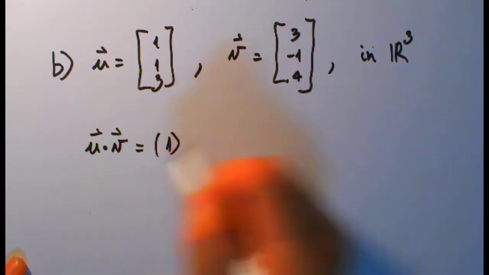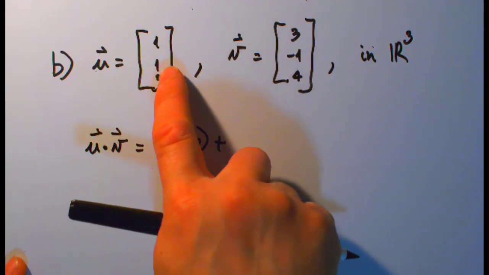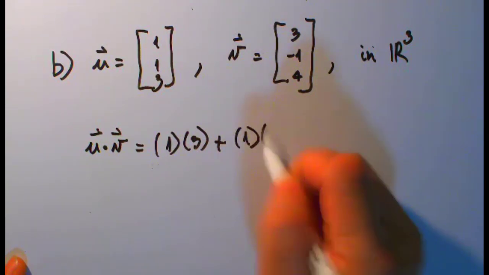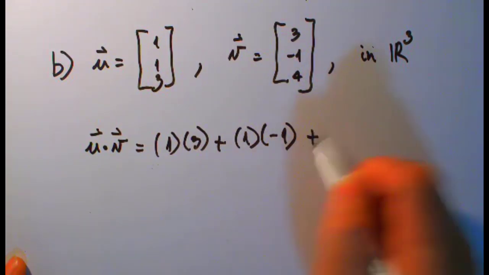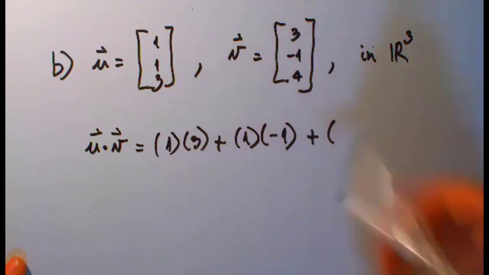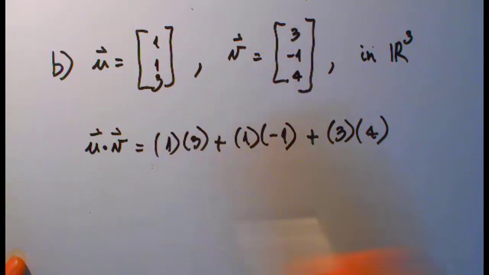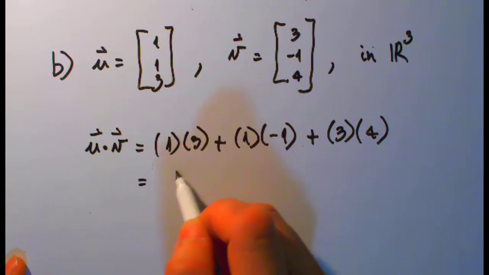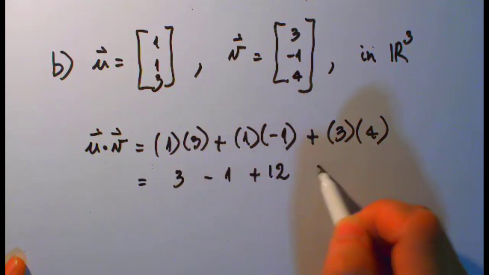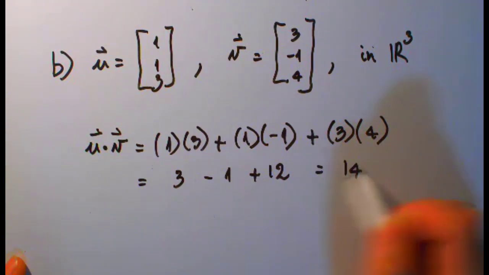So 1 times 3, plus the second component of u times the second component of v, 1 times -1, and then the third component of u times the third component of v, 3 times 4. So now we're looking at 3 minus 1 plus 12, and that gives us a final answer of 14.